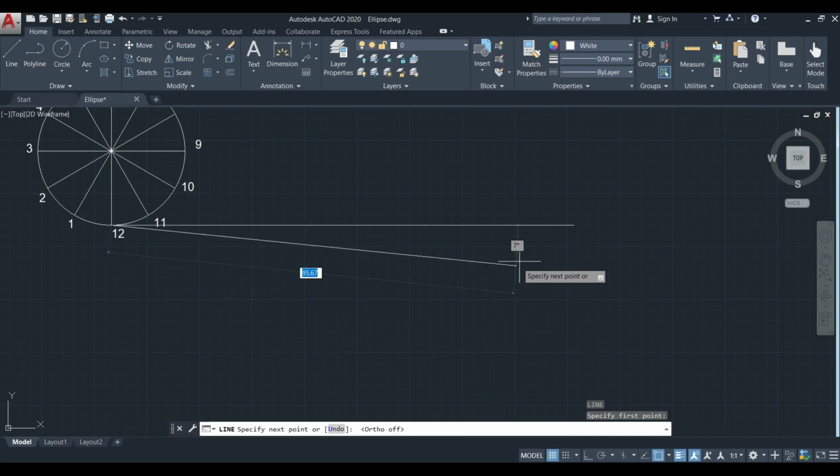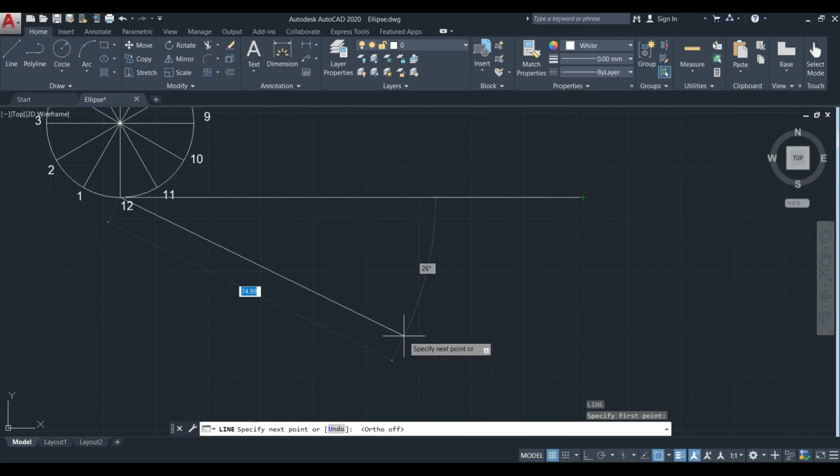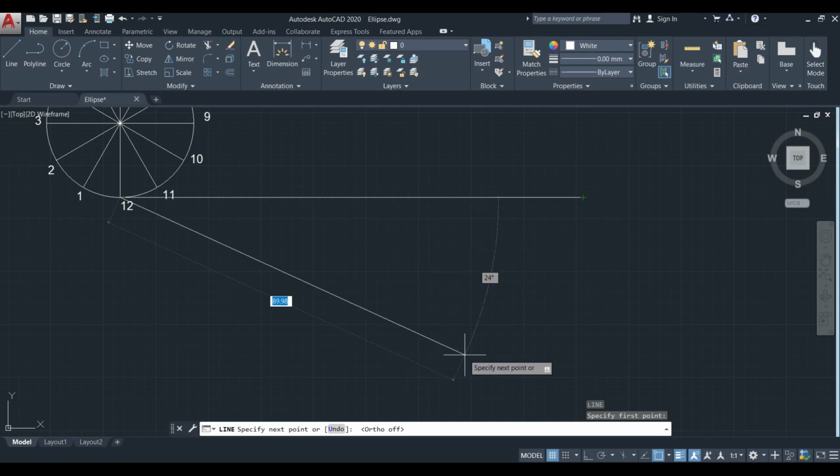Because this horizontal line is 110 mm, so it is not completely divisible by 12. So draw another line with an angle of 30 degrees. This line should have a length divisible by 12. Here let's say the length is 120 mm and the angle is 30 degrees.